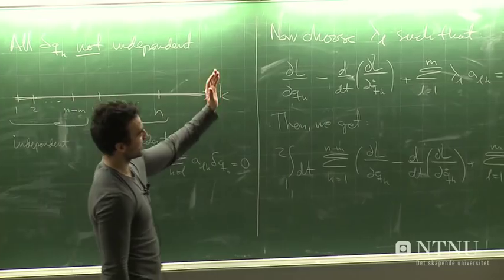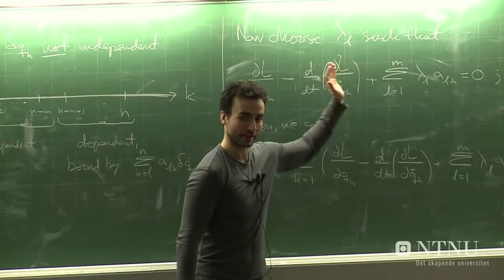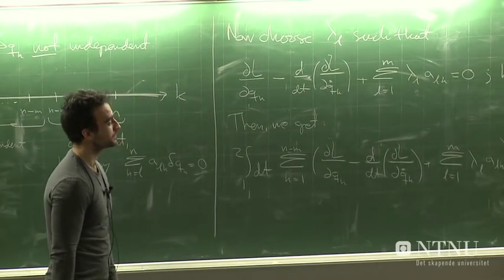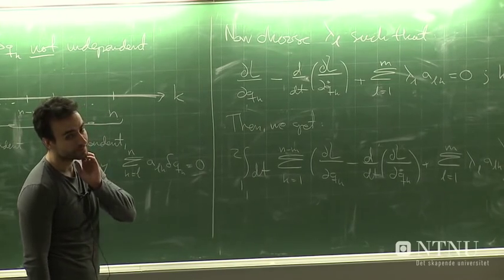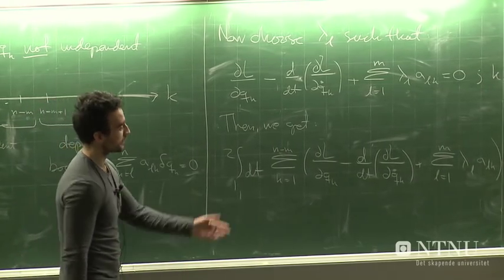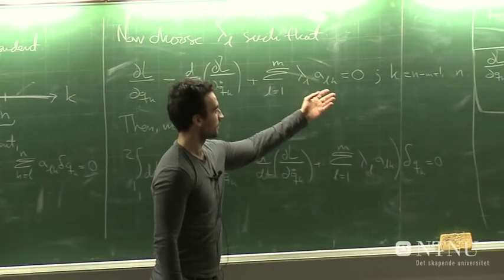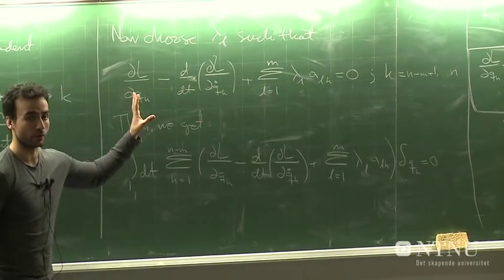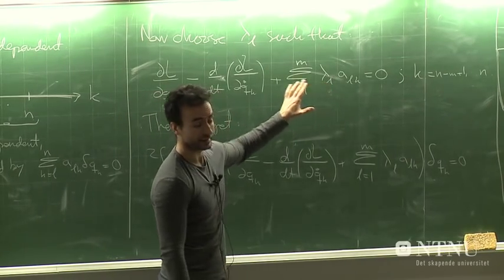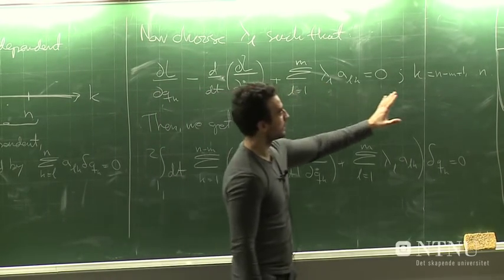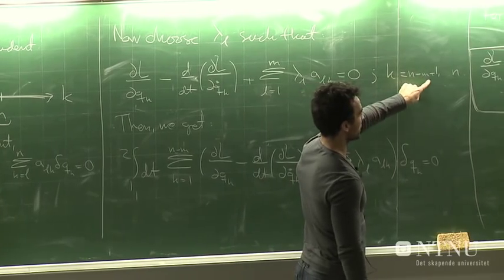The solution is all on this part of the blackboard. If you have a look at this equation, you see that it has exactly the same form, and we have chosen the Lagrange multipliers here so that it is valid for k from n minus m plus 1 up to n.